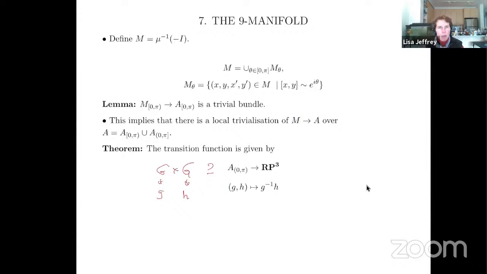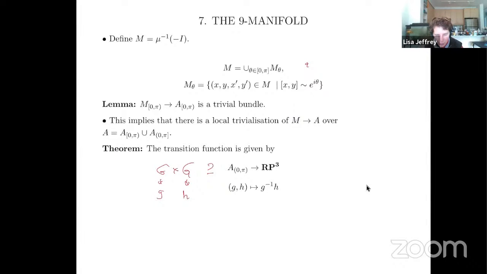Mu is the product of commutators map. M is mu inverse of minus the identity. M theta is also the level set of the commutator map.